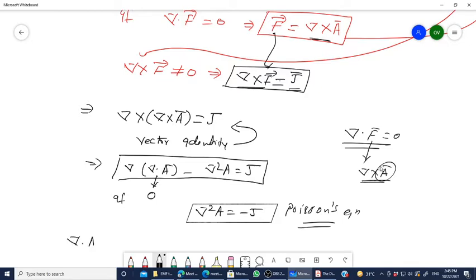If we consider this equation to equal 0, this constant is known as Coulomb gauge. Remember that. I just want to drink some water.